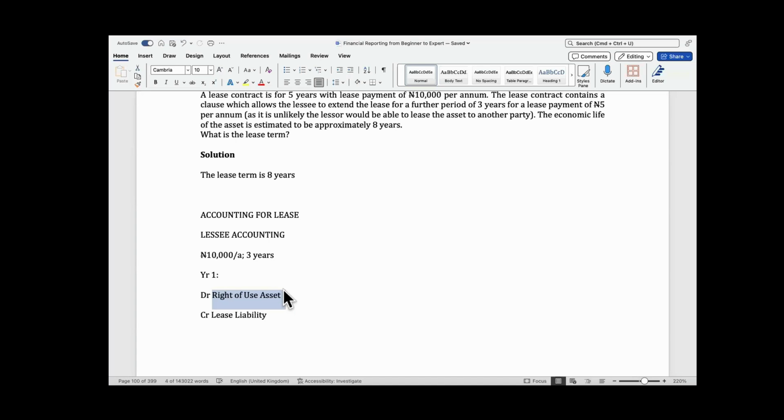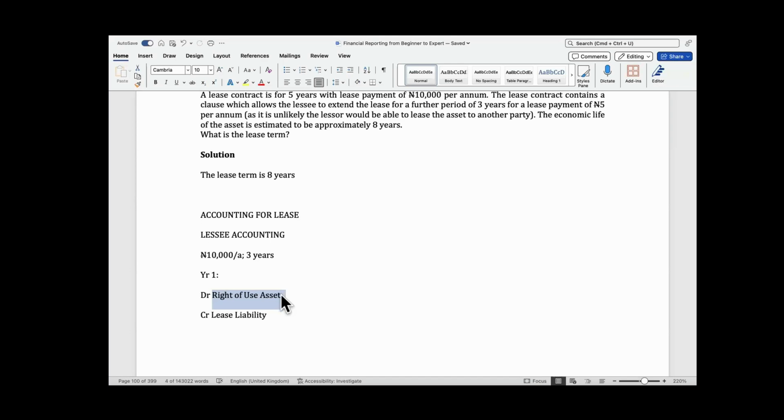If you remember substance over form, anyone that has right to control an asset must put that asset in his books. And if you remember the definition of assets in the conceptual framework, it says an asset is a present economic resource controlled by an entity as a result of past events.